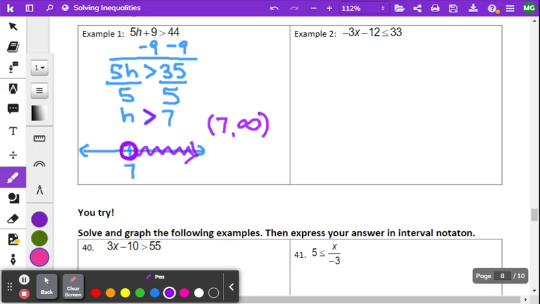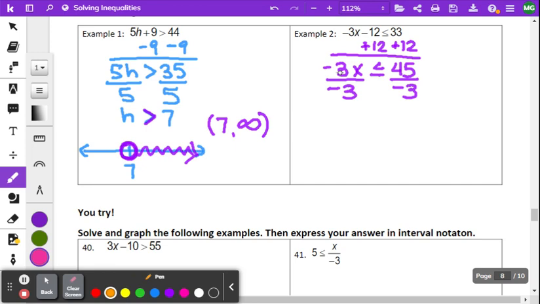Okay, let's jump over to the next one. Again, we're going to start solving it as we always do. We're going to add the 12 to each side. We get negative 3x is less than or equal to 45. And at this point, we're going to divide by negative 3. And why am I saying it like that?